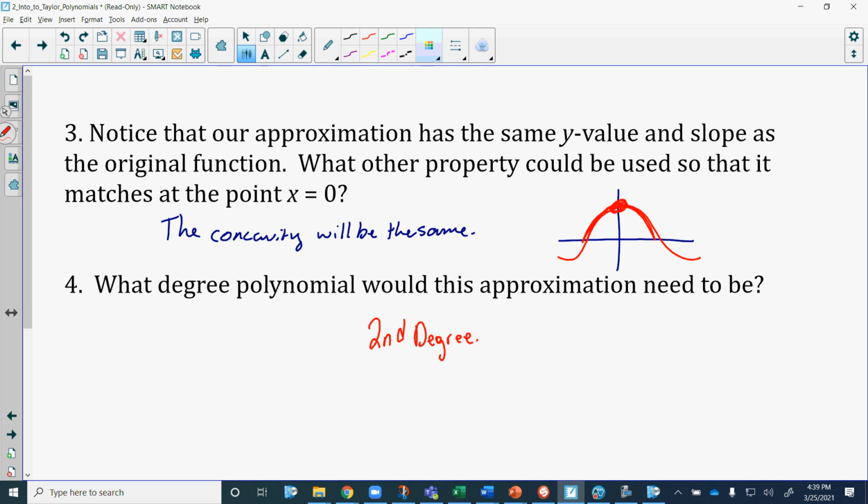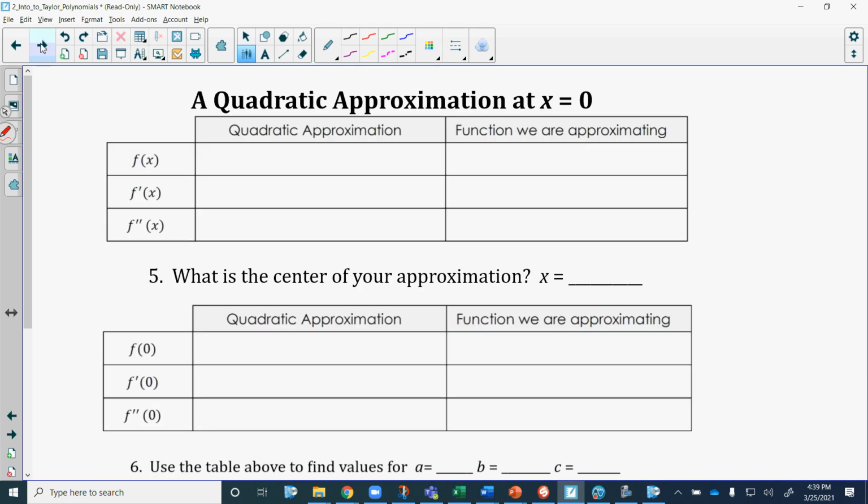Okay. So let's take a look here. How are we going to do that? What would the quadratic approximation be? Now, a lot of times, going back to earlier algebra classes, we think of the standard form of a quadratic as ax squared plus bx plus c.